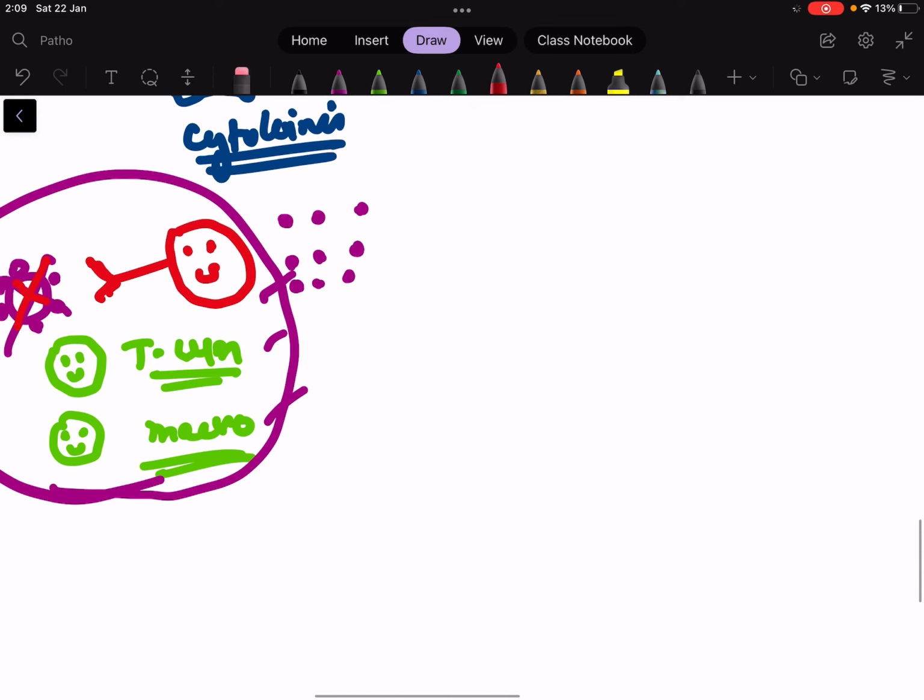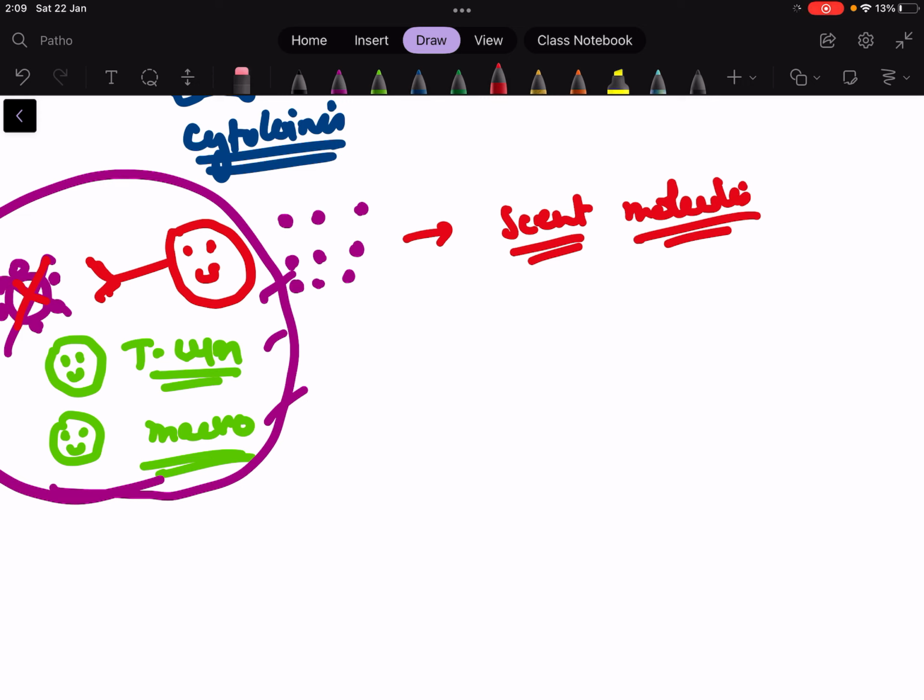So cytokines are like scent molecules, like I already said in the deodorant theory. They will attract these T lymphocytes or macrophages to the site of infection.